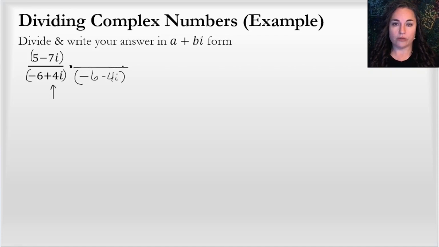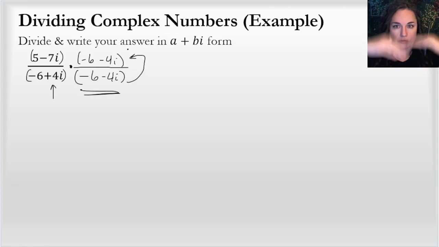But remember, I don't want to fundamentally change this expression, so I need to multiply by a whole factor of 1. So that's why I'm going to multiply by -6 minus 4i over -6 minus 4i. Whatever I multiply by in the denominator tells me what needs to go in the numerator, because I need a factor of 1 overall. Those two things cancel out to 1.